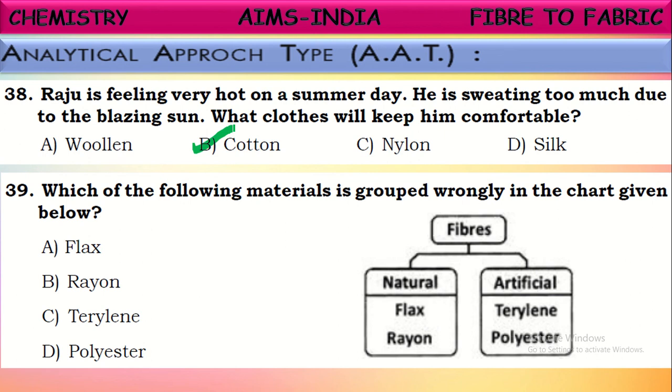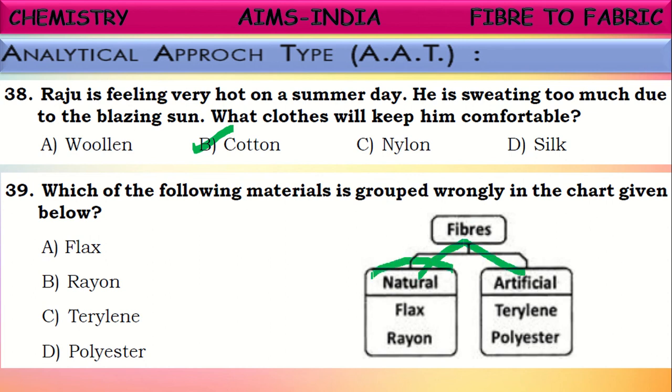Next, which of the following materials is grouped wrongly in the chart given below? Say some chart is mentioned here. Which fibers are mentioned wrongly in this? See, fibers are classified into two types, natural and artificial.